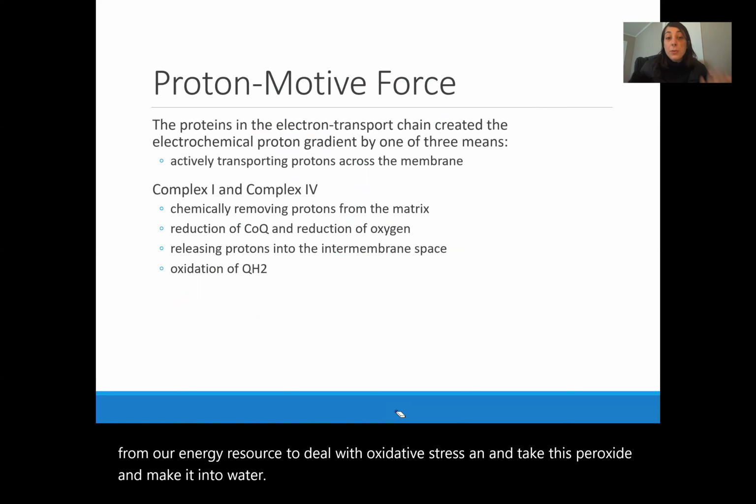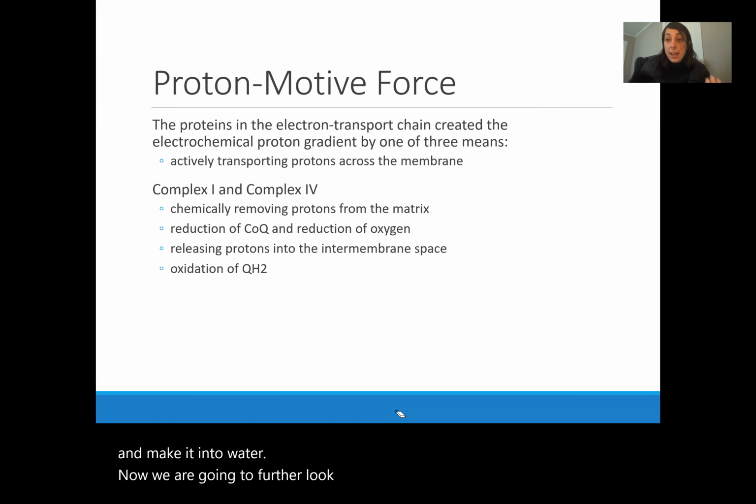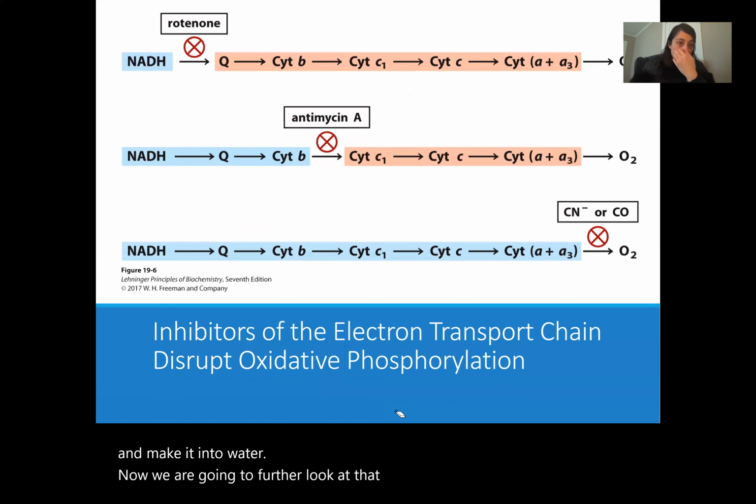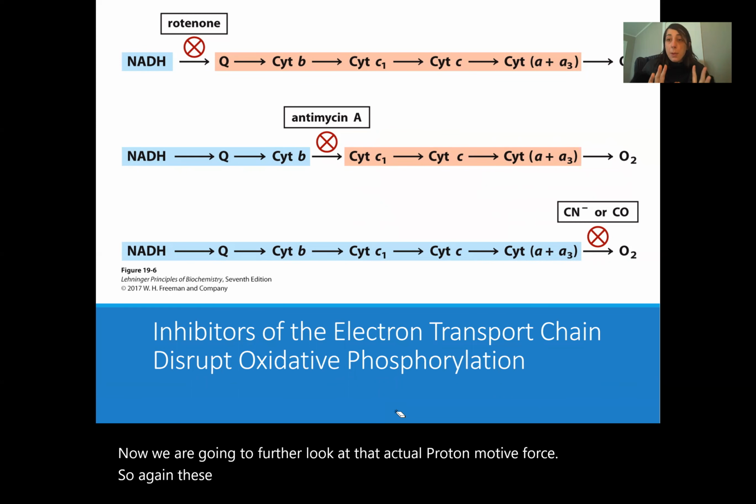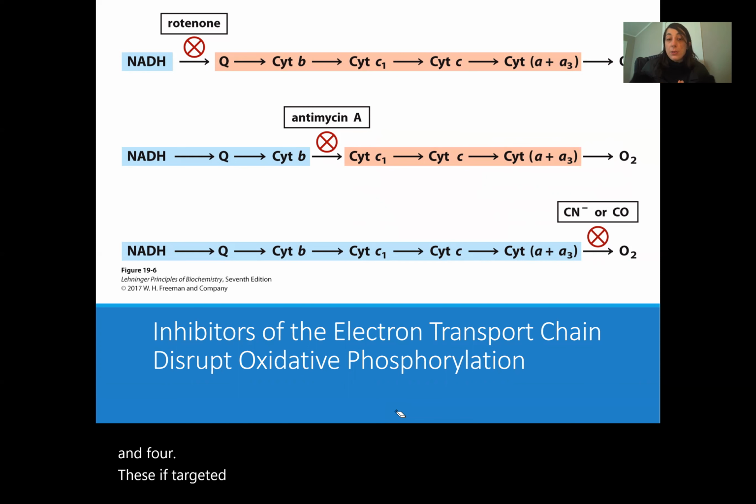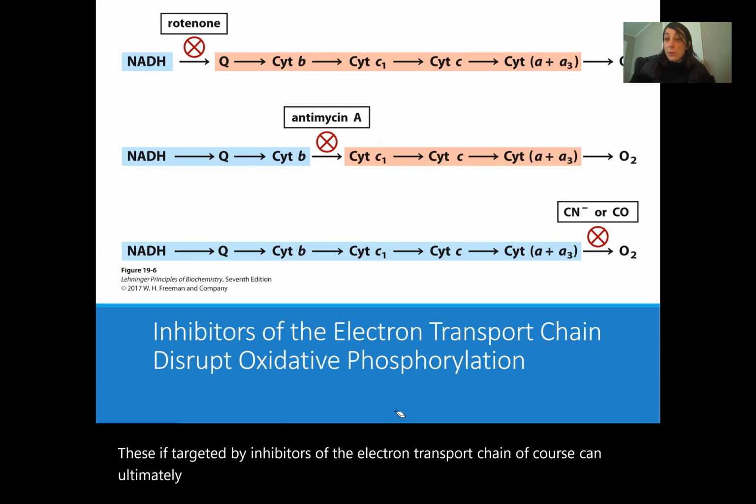Now we are going to further look at that actual proton motive force. So again, these protons are mostly being pumped from our complexes 1, 3, and 4. These, if targeted by inhibitors of the electron transport chain, of course, can ultimately disrupt oxidative phosphorylation and disrupt ATP or energy generation.